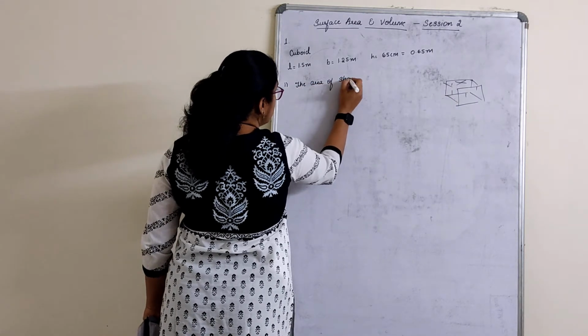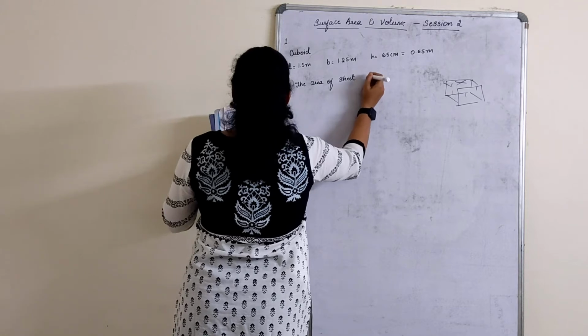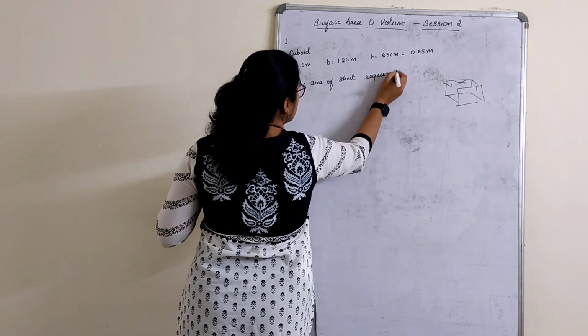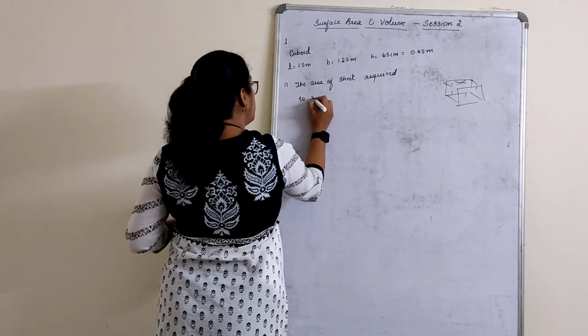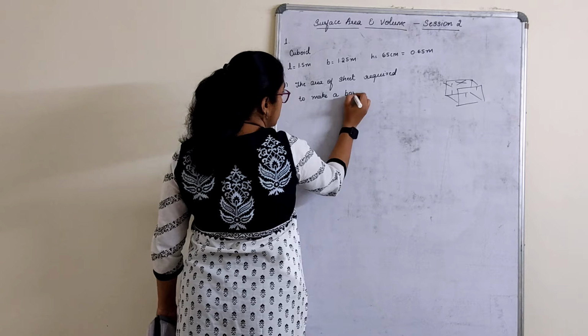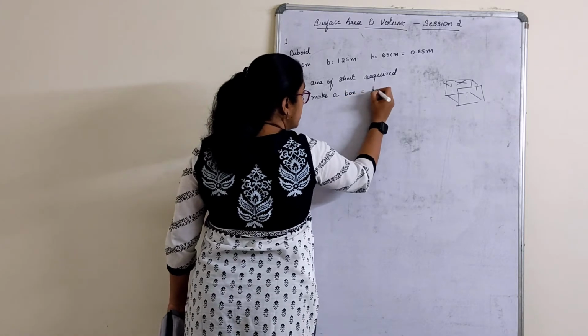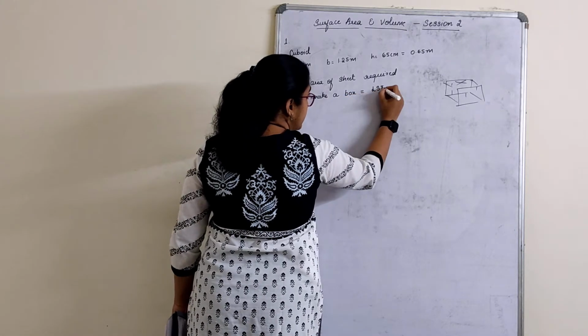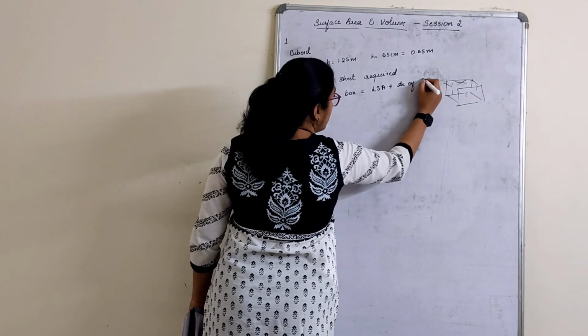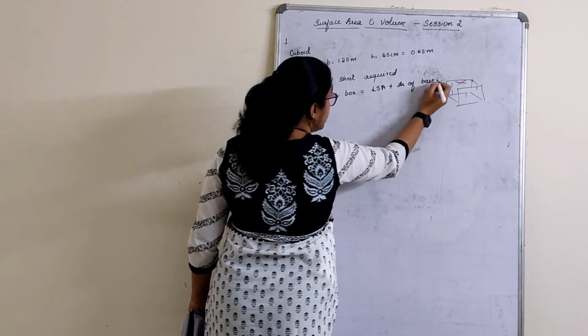So according to this first question, the area of sheet required to make a box is, what is it? Lateral surface area plus area of base. Am I right?